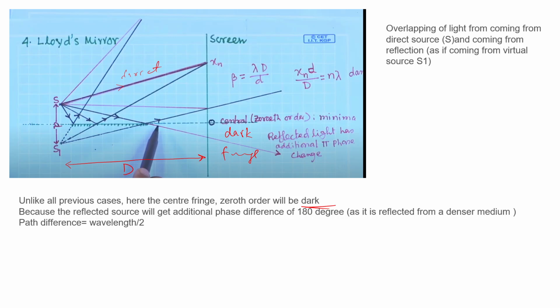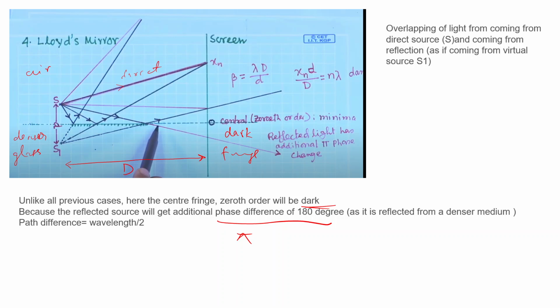After reflection, since this is air and this glass is a denser medium, optically denser than air, when these reflected waves reach this point, a phase difference of pi gets induced in them because they are reflecting from a denser medium.